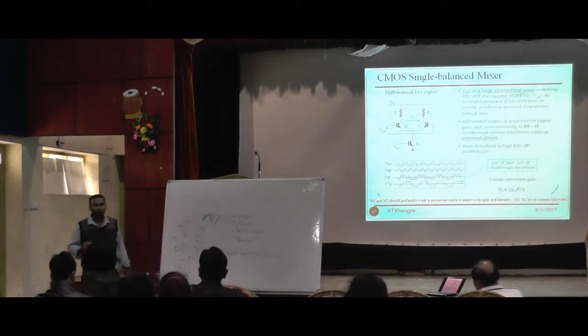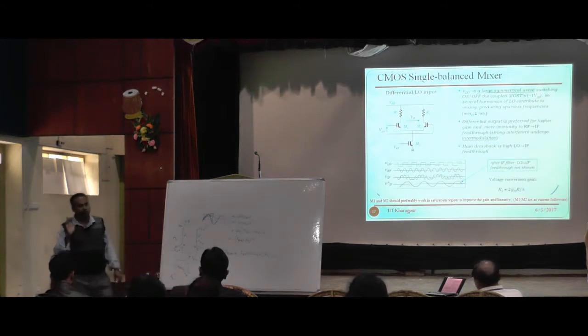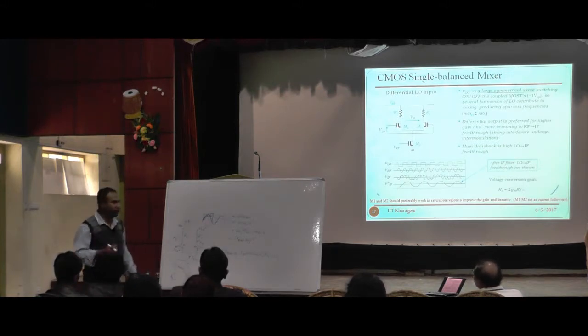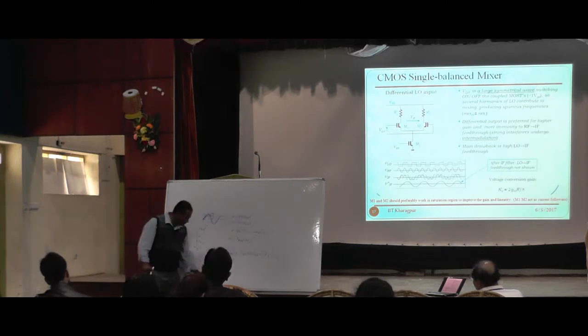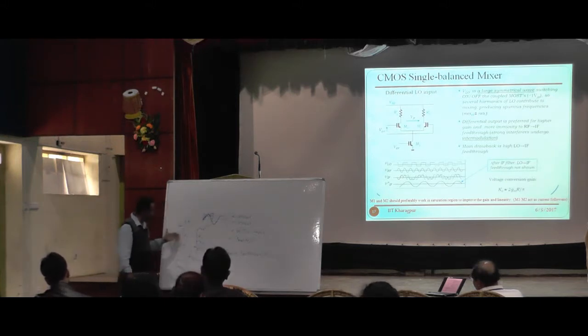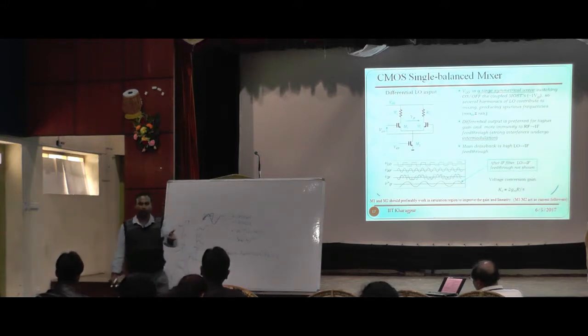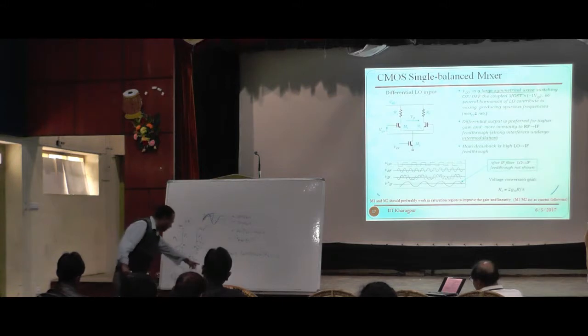See, this is a difficult situation to imagine, I understand. If I ask you what is the conversion gain, what do you mean by the conversion gain? It's difficult to interpret. Why? If it is a common source amplifier, you know that my small signal current, which is coming somehow here, is multiplied with RL. So IRF into RL is my small signal amplitude. And how is IRF generated?